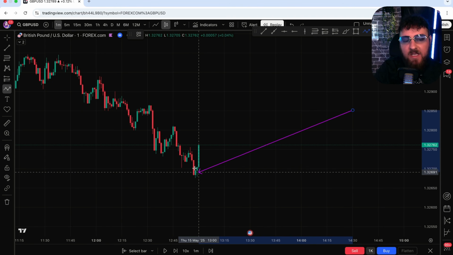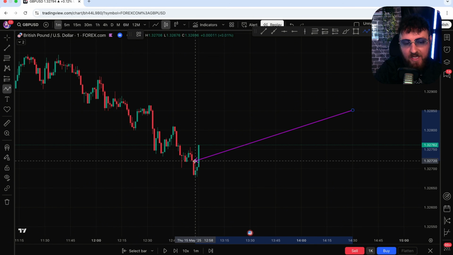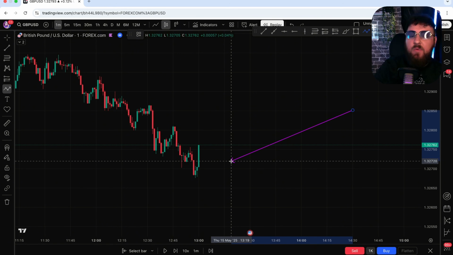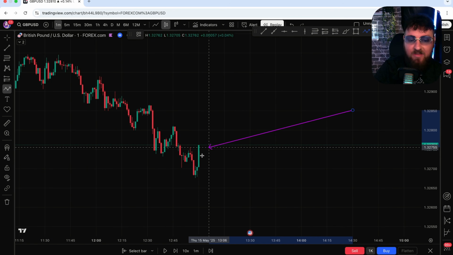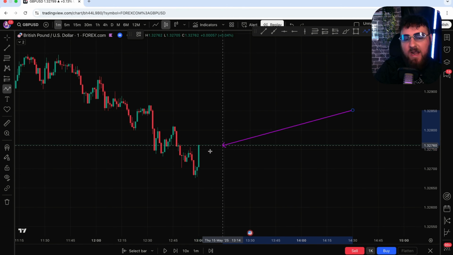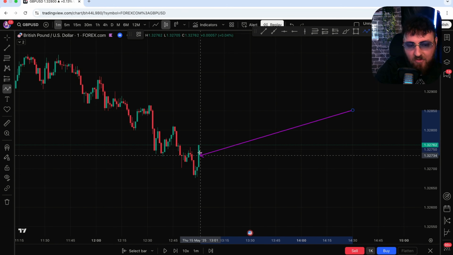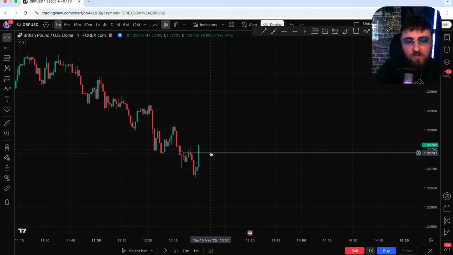It only needs to engulf one candle. Even if it was just one green candle bigger than one red candle, it would be an engulfing candle. But the fact that it swallowed up several candles in one candle, it's a big candle, right? The big green one is bigger than the rest. That's an engulfing candle. Plus, it just broke structure. Look, it literally just broke the structure.